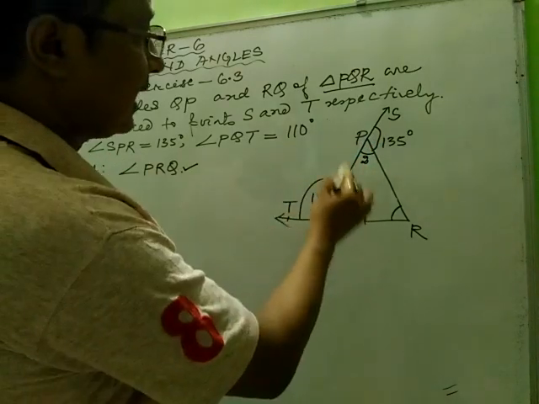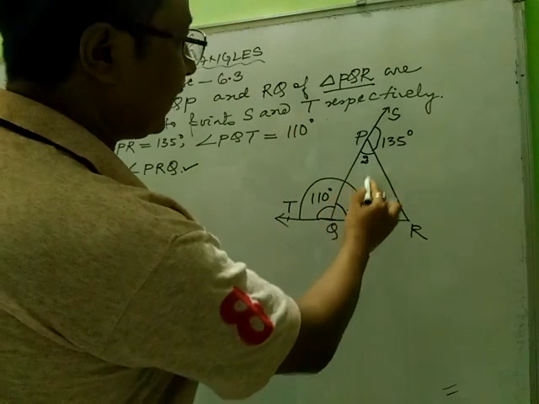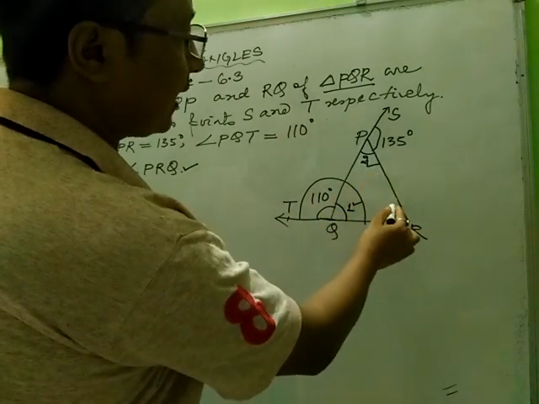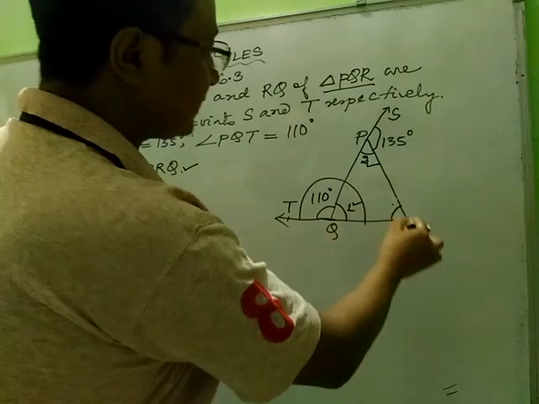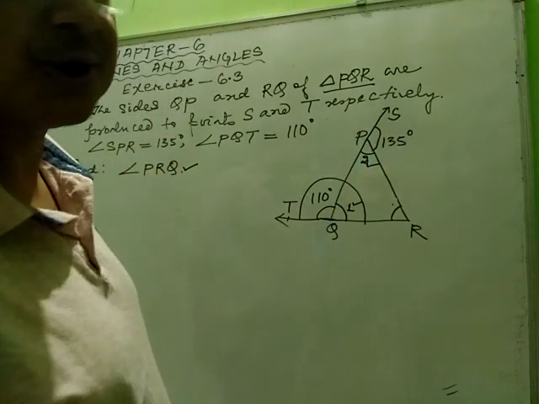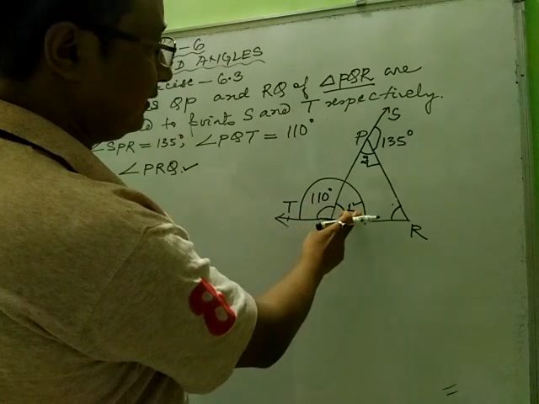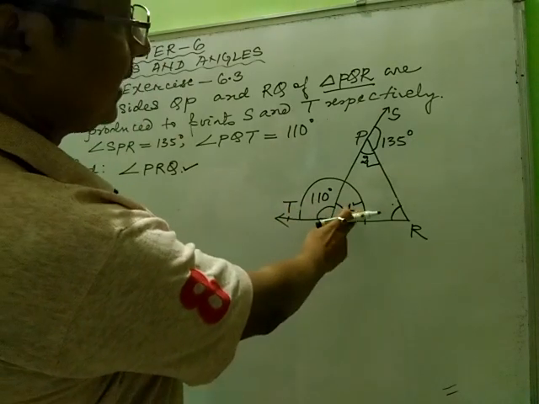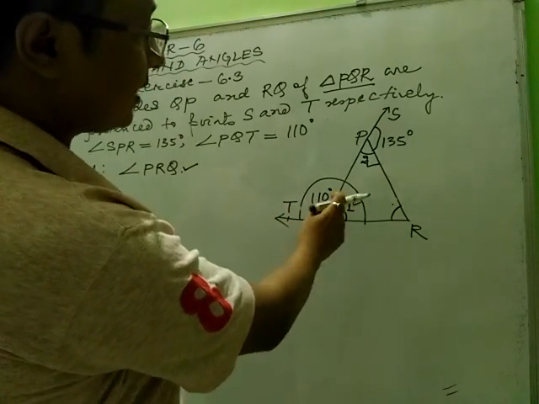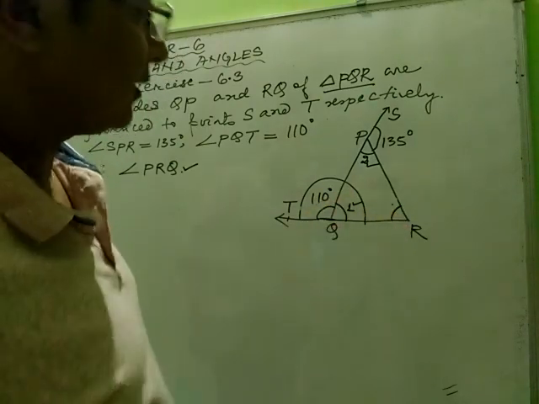At last, after getting 1 and 2, you can get the third angle using the angle sum property of the triangle. So there are so many ways of doing, or just by finding out one, that is using the linear pair axiom, you can use the exterior angle theorem.